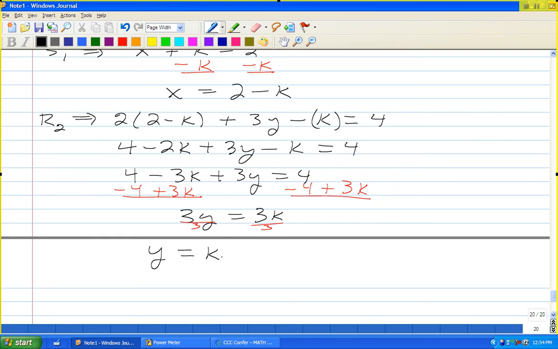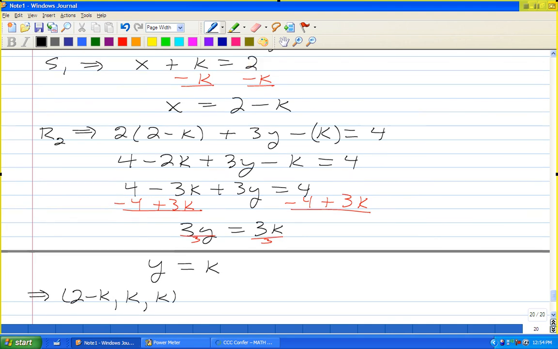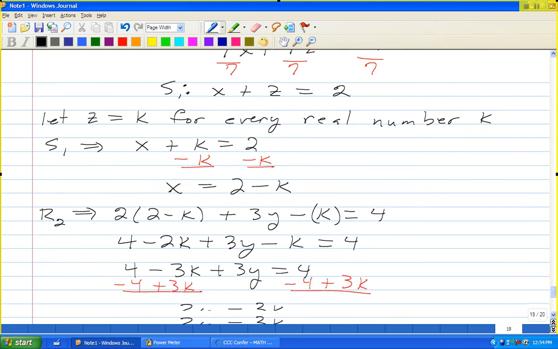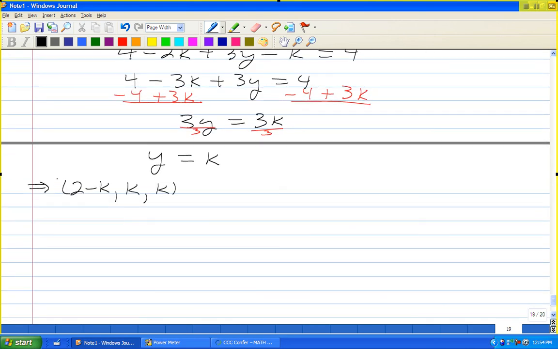Okay. And so my solution is x, y, z. And again, this is for any real k.